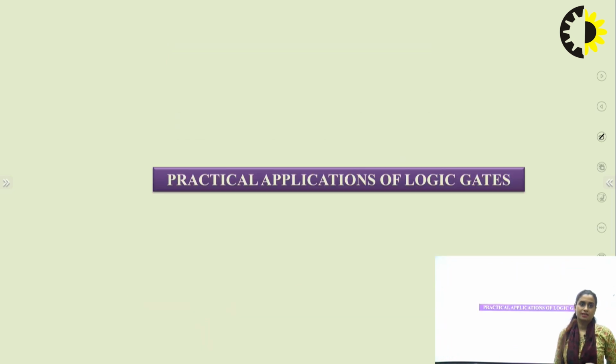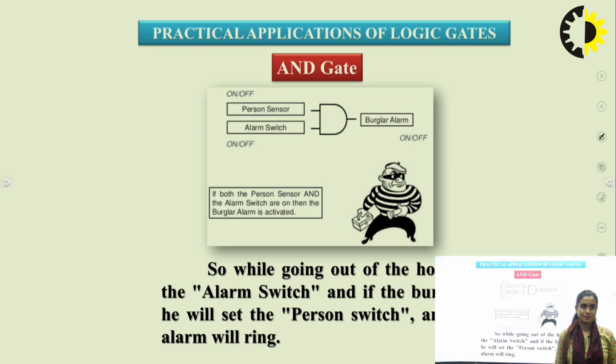Now what are the practical applications of logic gates? Now think of an AND gate. Like, can you think of a burglar alarm which is on only when both the inputs are on? So we have a person sensor and an alarm switch, and it will ring only when both the inputs are on.